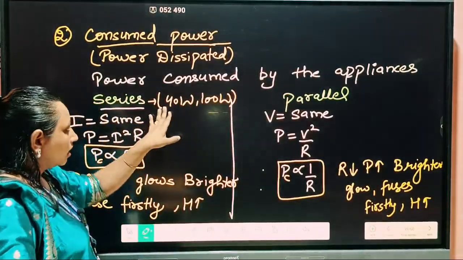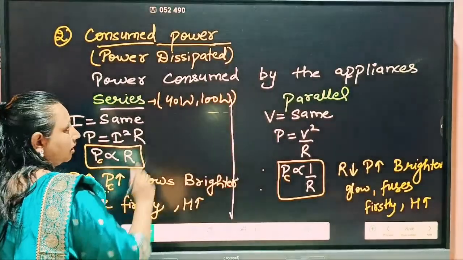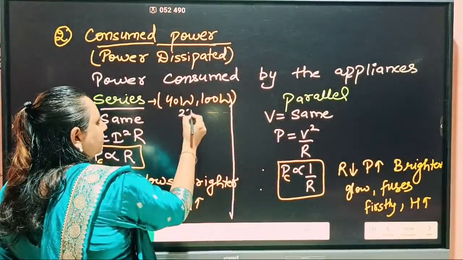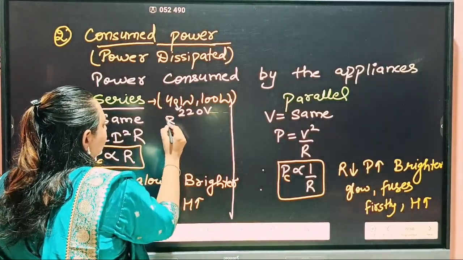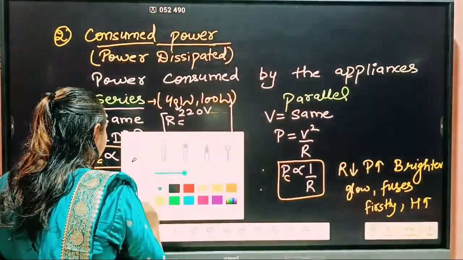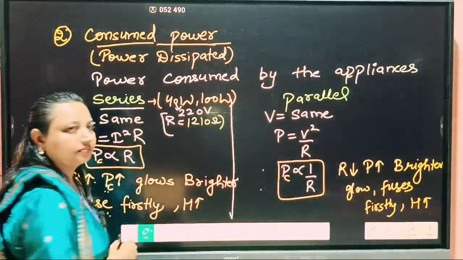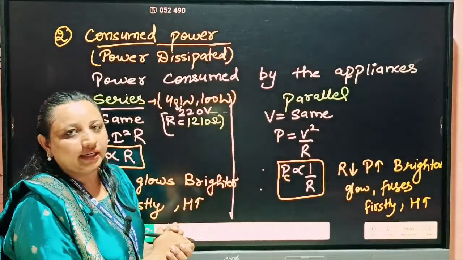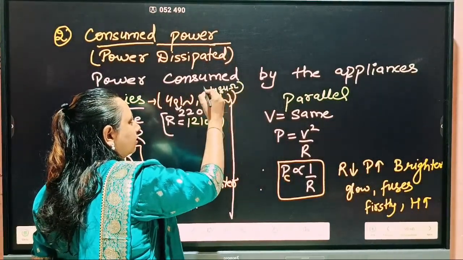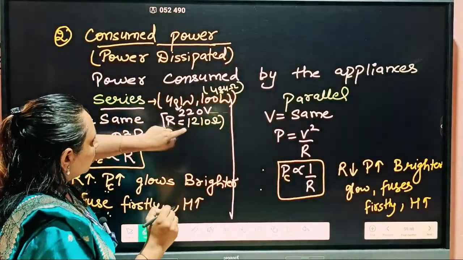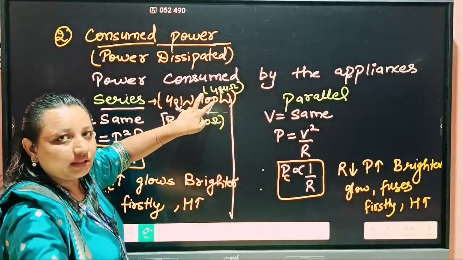So for the 40 watt bulb, we find the resistance across a 220 volt power supply. The resistance here is 1210 ohm, and in case of 100 watt, it is 484 ohm. So the 40 watt has higher resistance between these two.